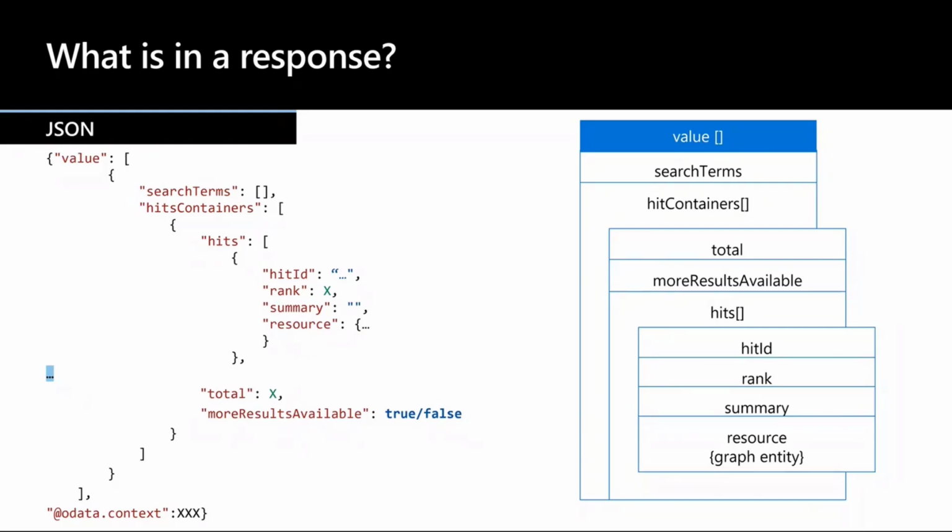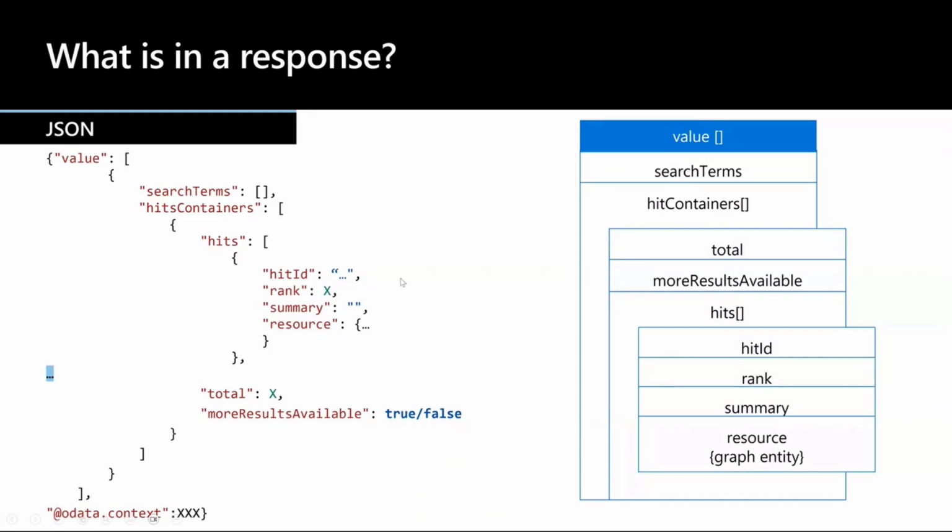You're going to get hit containers, which will return mostly a single hit container, which is a container of results, and these results are the hits. In this hit container, part of it gives back to you the total, and also some more information on the results, and what results beyond what you might see in a response are also available for you to search through. As part of the hit container, there are several different hits, as I mentioned.